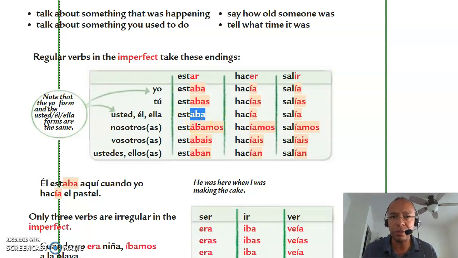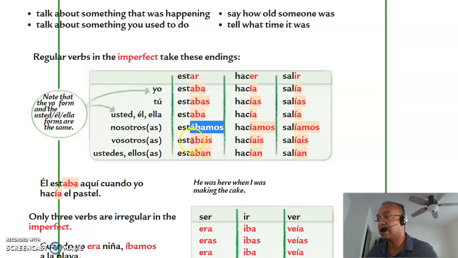So, how can you tell? Well, you will need to include the name of the person that used to be doing the action or the pronoun. Él, ella, usted, or yo. Nosotros, ábamos is the ending. Estábamos. We used to be.